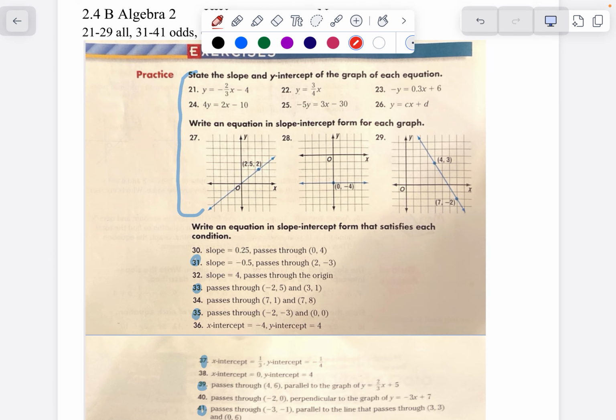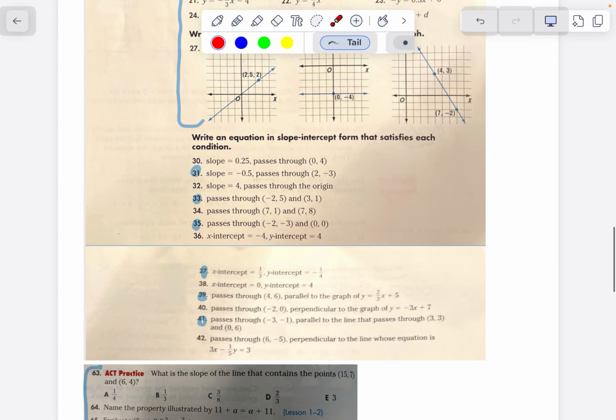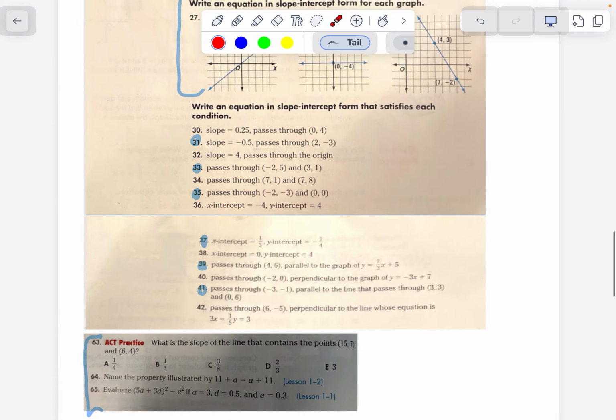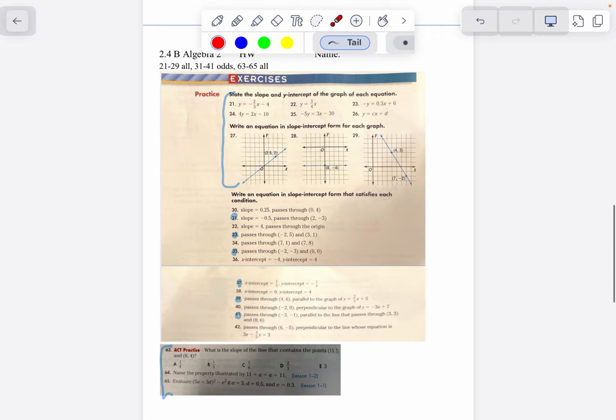So you can use any of the rules we've done so far to find those equations. Then you're only doing the odds, 31 to 41. And then here's a little bit of practice from earlier in the chapter, okay? So you've got all period to work on this. And then don't forget about your 2-4A from yesterday. And if you have any questions, we can go over that too, okay?